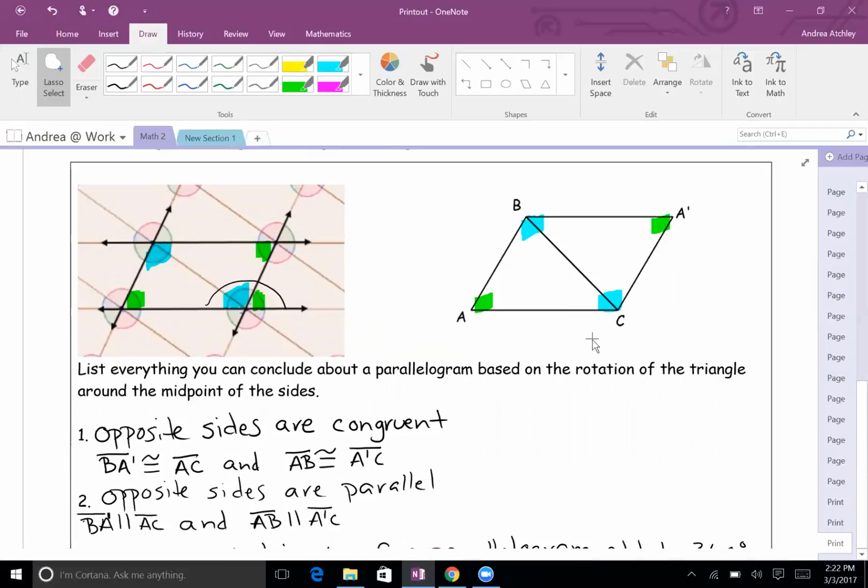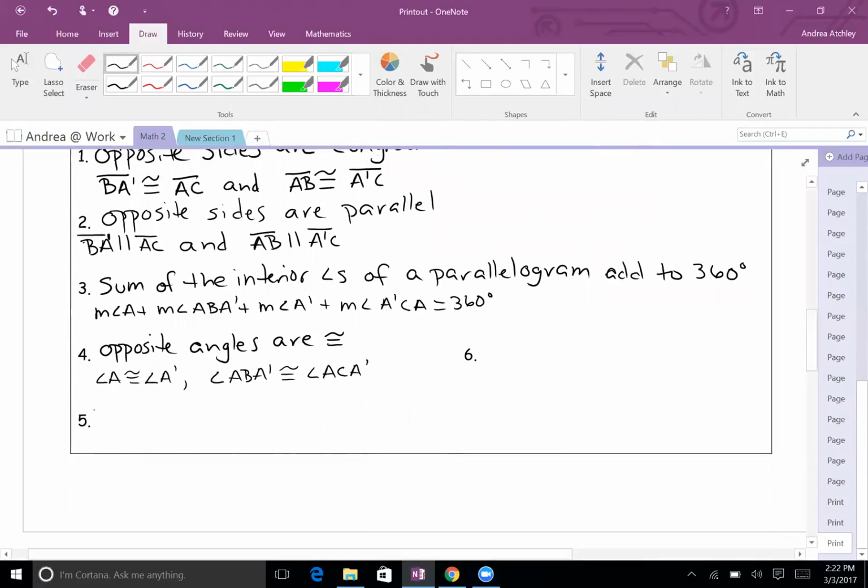Any questions over that? So we call those consecutive angles are supplementary. That means the measure of angle A plus the measure of angle ABA prime equals 180.